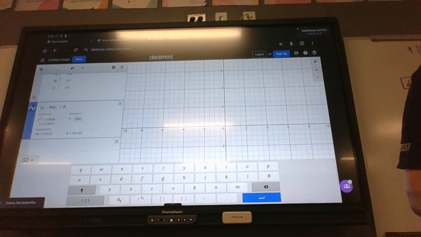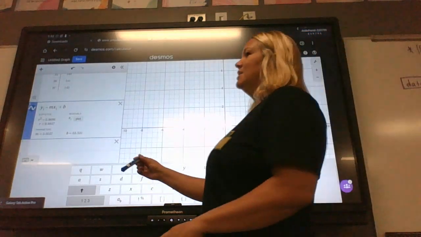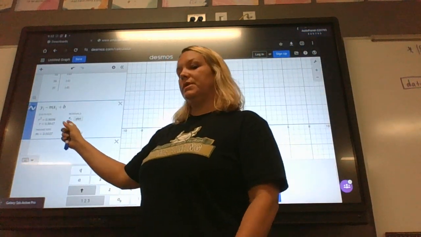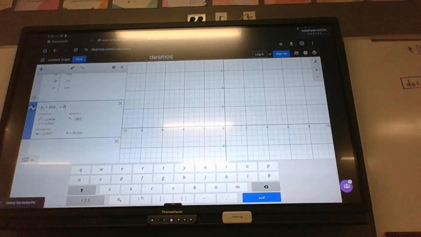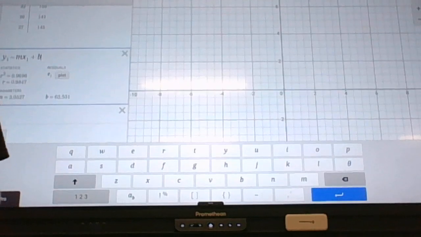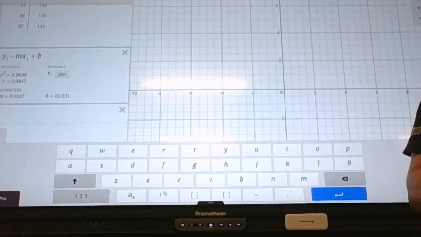And then here's all the data according to Desmos. Our m is the same, 3.05, and our b is the same. So it doesn't matter if you do it on the TI-36 calculator or on Desmos, you get the same slope and the same line of fit.